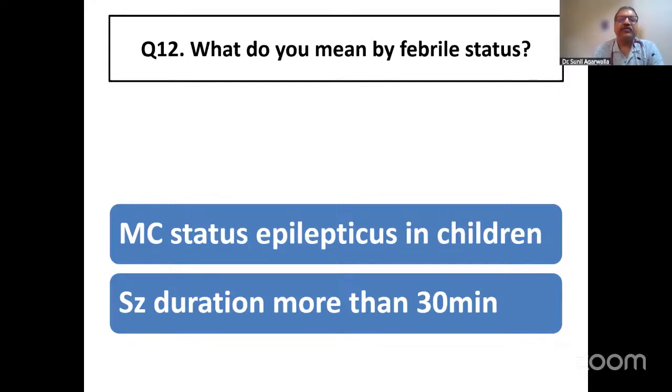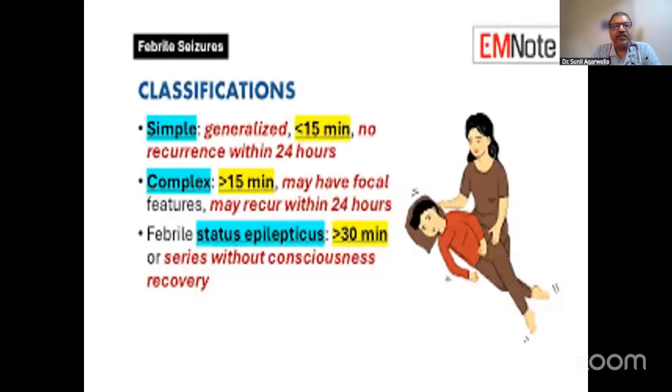Then there are symptomatic status epilepticus in cases of neuroinfection, and the idiopathic ones. As of now, we follow the book recommendation of 30 minutes. So the classification is simple, complex, and febrile status, more than 30 minutes. This duration is very important.